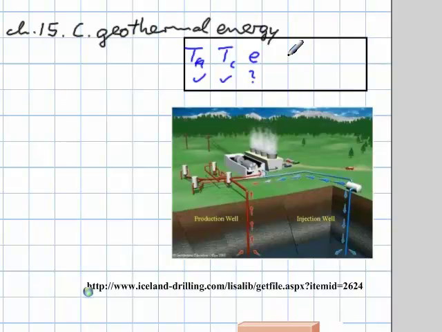Then what else we have given is the output power of the plant is 84,000 kilowatts. So we have given, capital P for power. And we're supposed to figure out what the rejected heat is that must be removed, and that would be the QC.